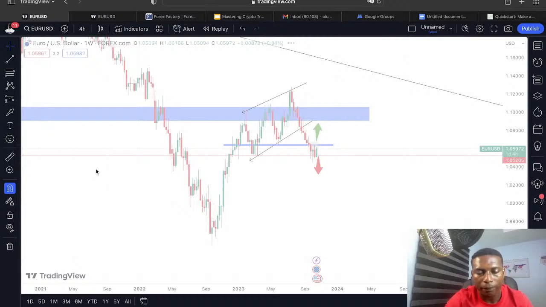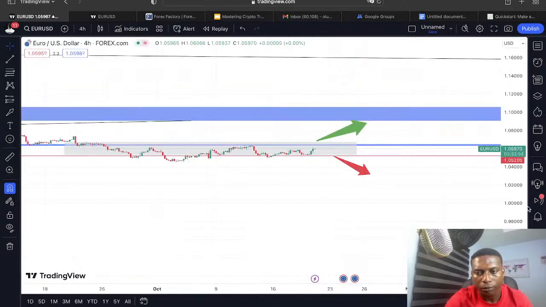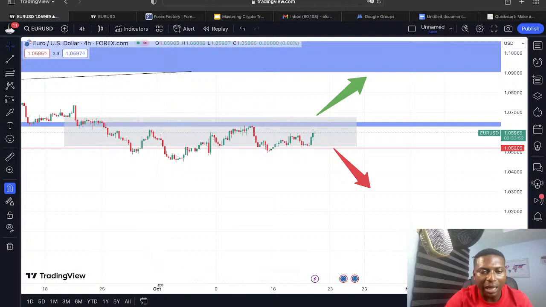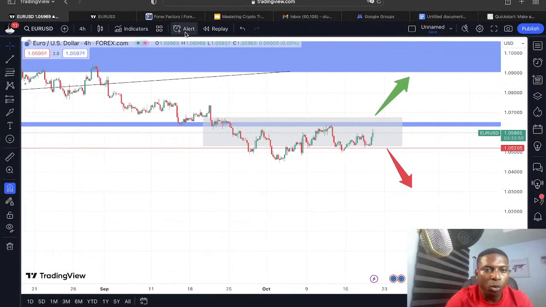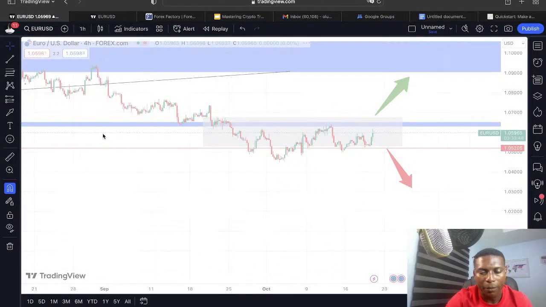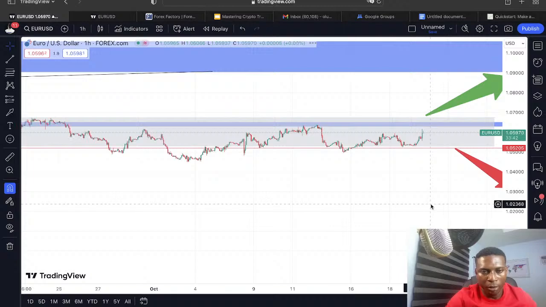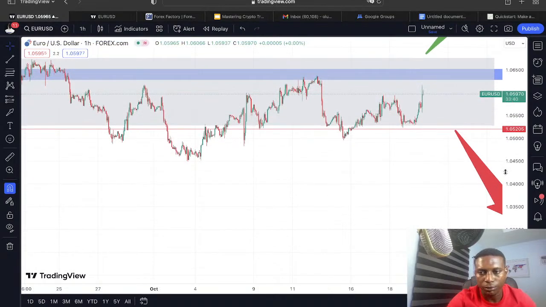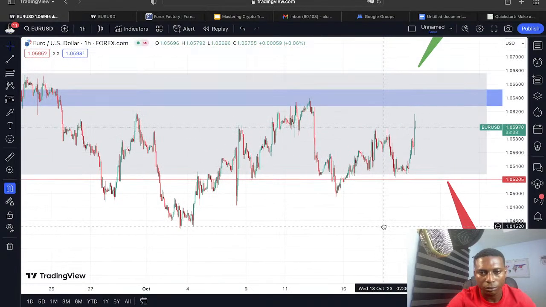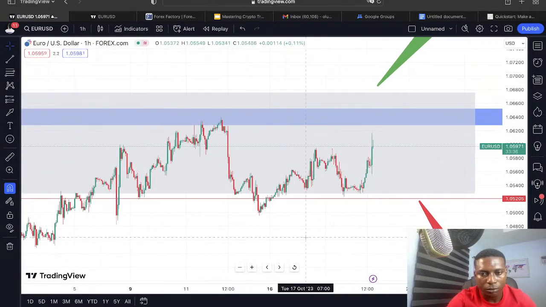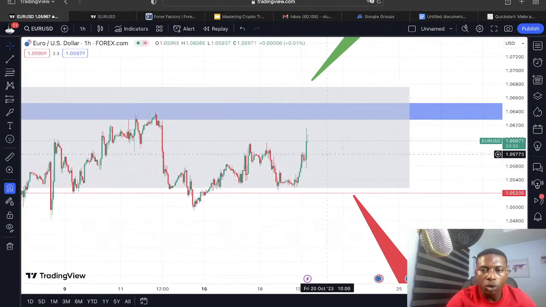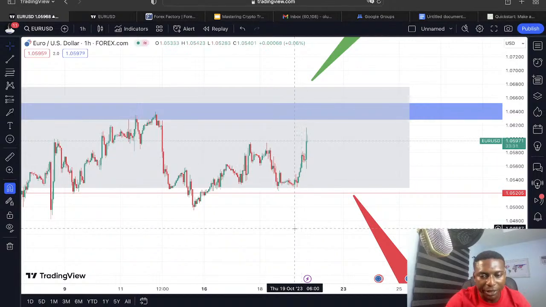So let's look at the 1 hour time frame. You can see that on the 1 hour time frame.